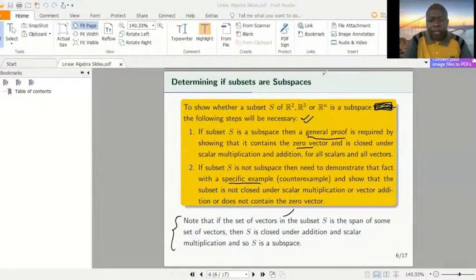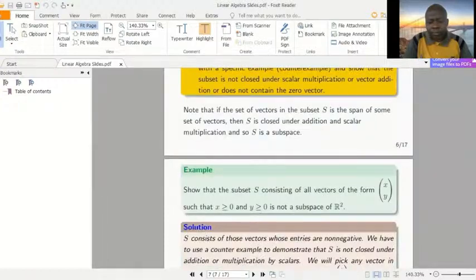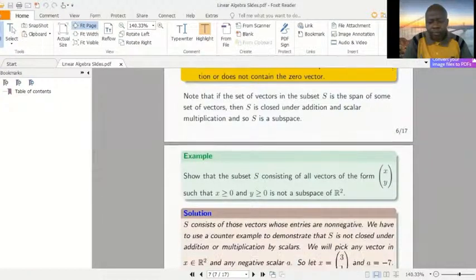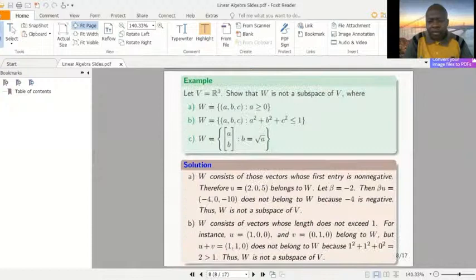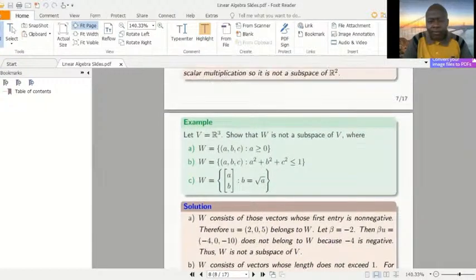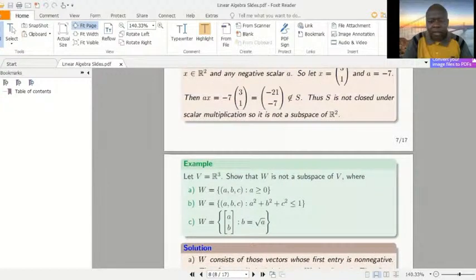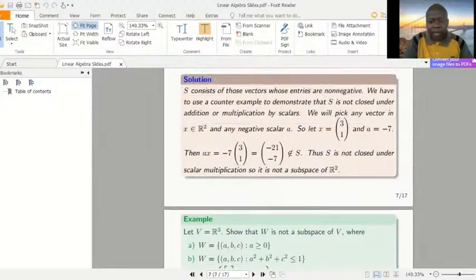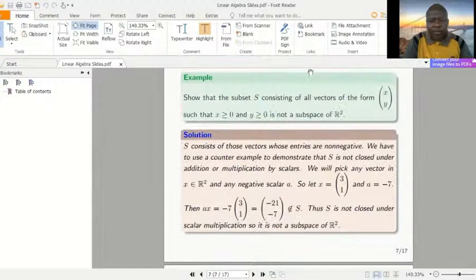Let's look at an example. Now, this is the first example. I moved so fast. The first example is here.